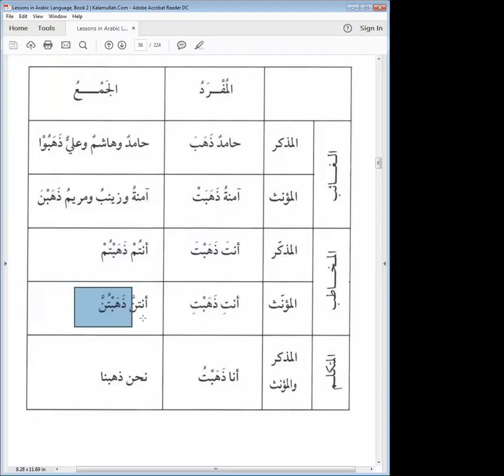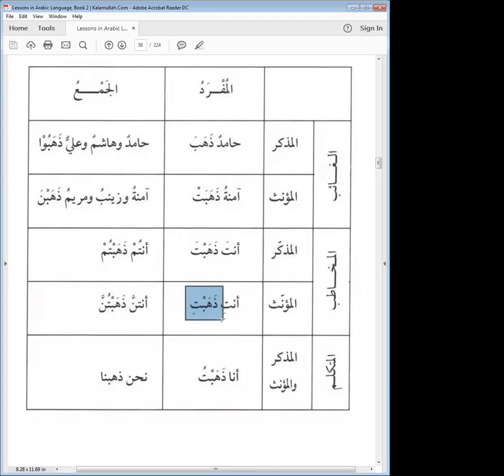Now, why it is important to focus on how the verb has changed here is because sometimes you would see the verb in a sentence without the corresponding subject alongside it. So sometimes in a sentence you will see dhahabti ila al-mudirati?